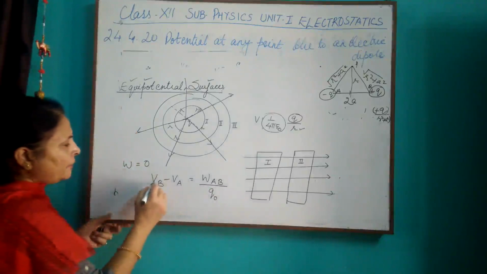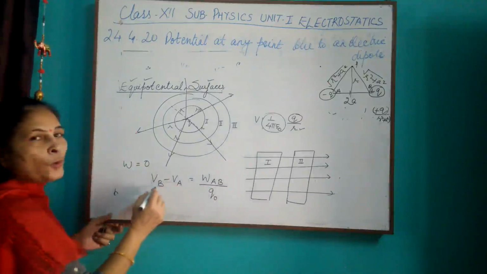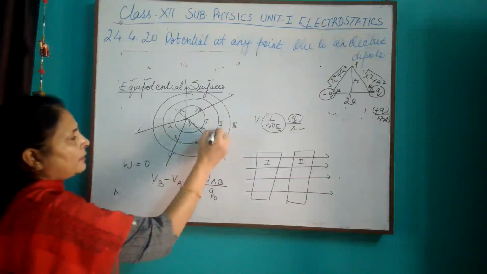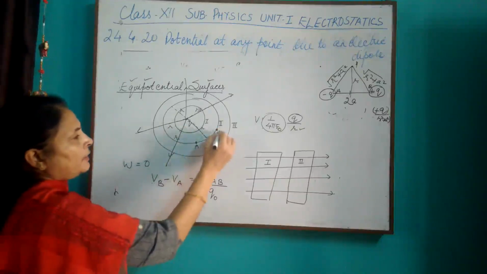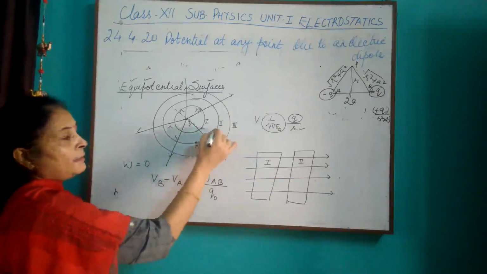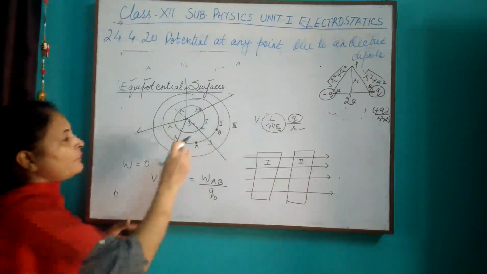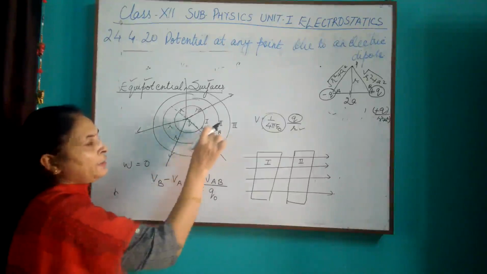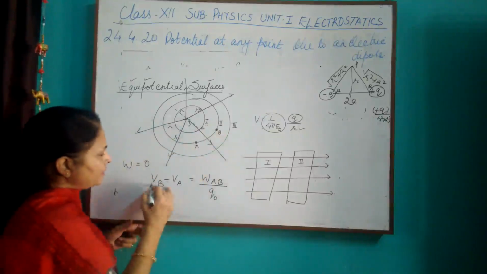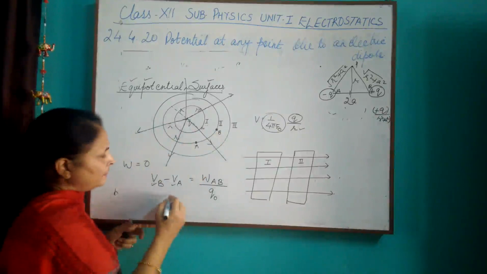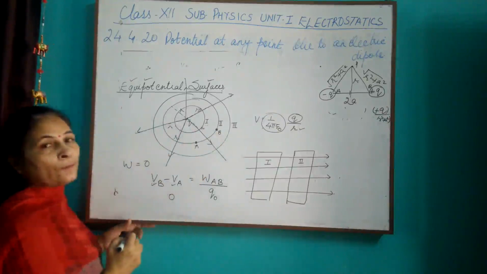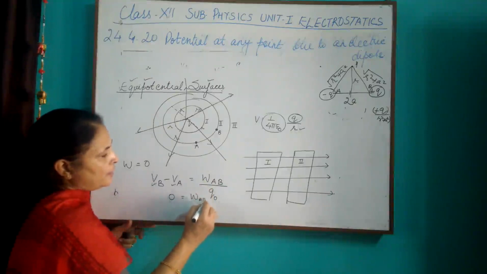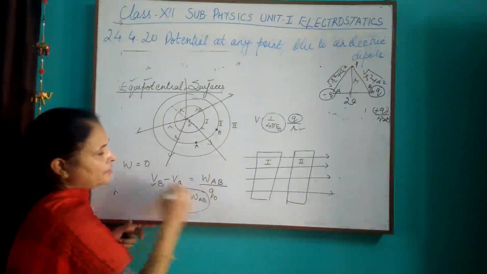See, if the potential is same at 2 points, suppose I take point A here and point B here, they are at the same potential. I want to move a charge from point A to B or B to A. Since these two values are same, this is going to give me 0 and therefore work done will be 0.